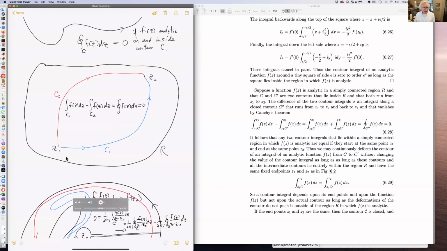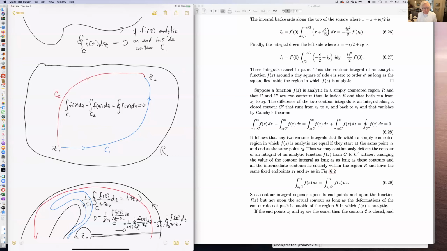And the consequence of that is we can imagine integrating along two different contours, and if we then take the difference of the integral along this contour and subtract the integral along that contour, what we have is effectively the integral along the closed contour. That has to be 0. And so that tells you that the integral along a contour in a simply connected region of analyticity depends upon the endpoints, but not upon the contour.